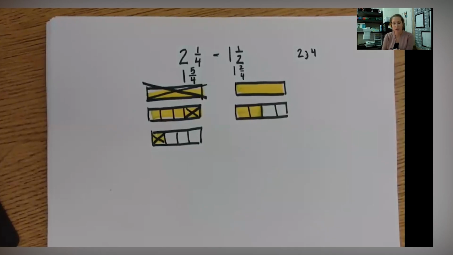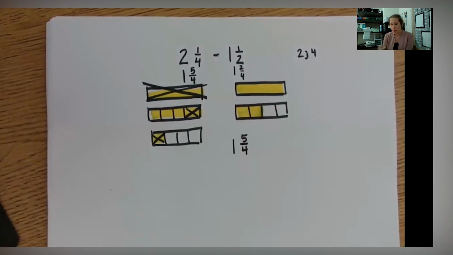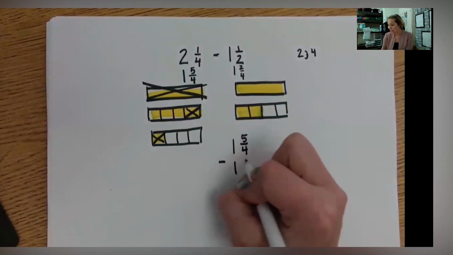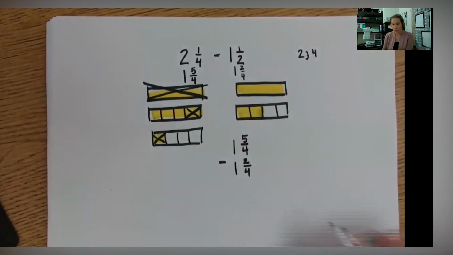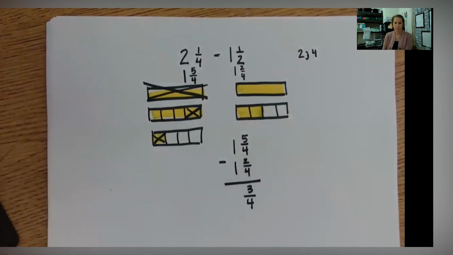Did I hear you say 3/4? Great work. So I could say that 1 5/4 minus 1 2/4 is equal to 3/4.